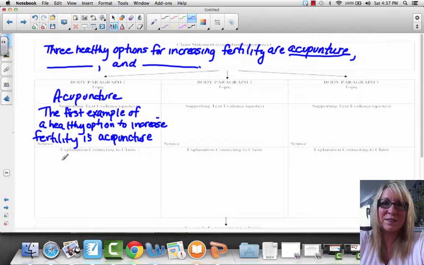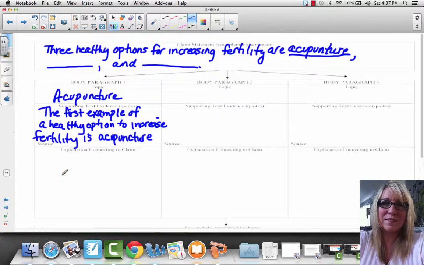Next, what you want to do is you want to find specific details from the article. So this is where you're going to go back and you're going to get information from the article and jot it down here. I'm not going to do that for you. I want you to do it. Finally, you need to conclude the paragraph by connecting the example to the thesis.